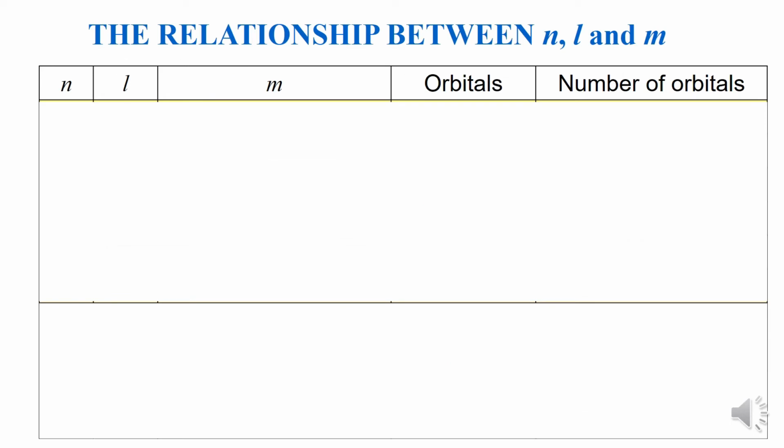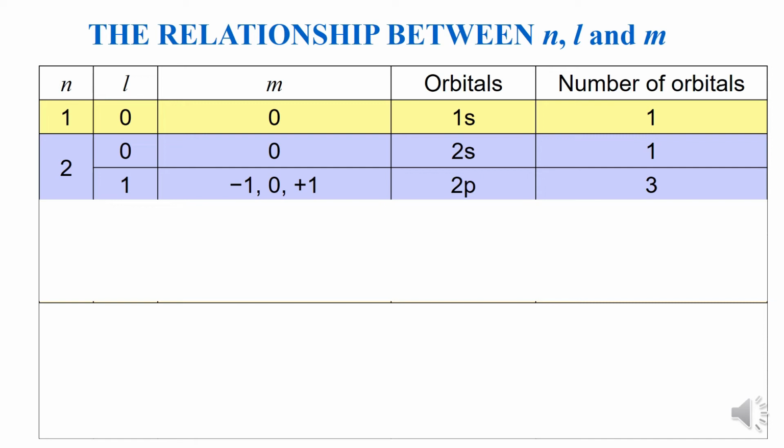The relationship between n, L, and M is shown in the table. If n equals 1, then L can only be 0 and M equals 0. The orbital is 1s and the number of orbitals is 1.